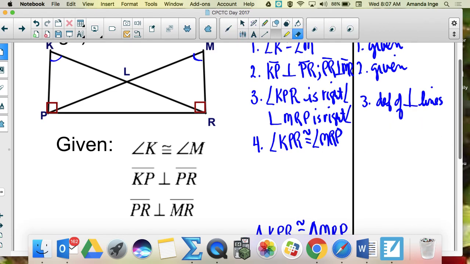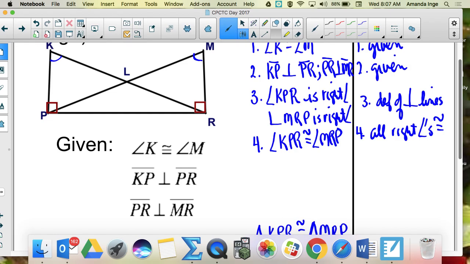All right, so all right angles are congruent. So what do we know about PR? PR is in both of these triangles, so we know that PR is equal to itself using what property? The reflexive property.